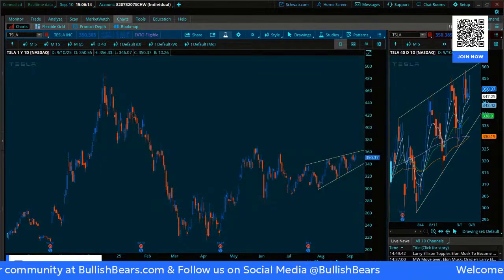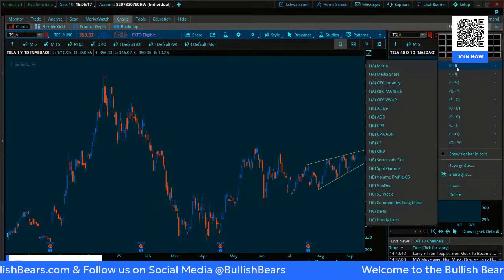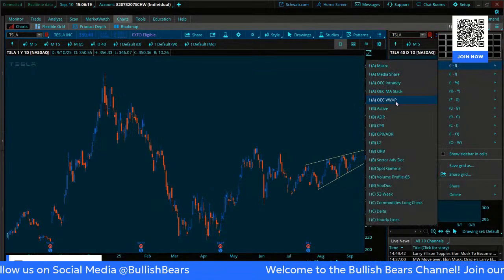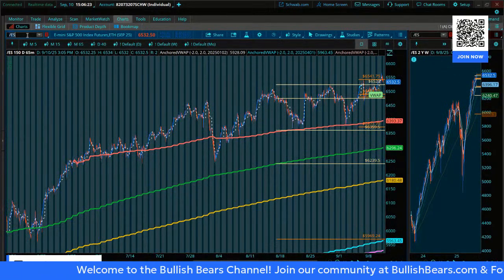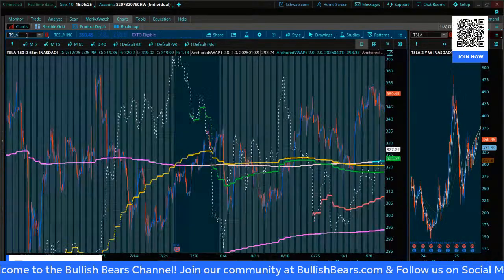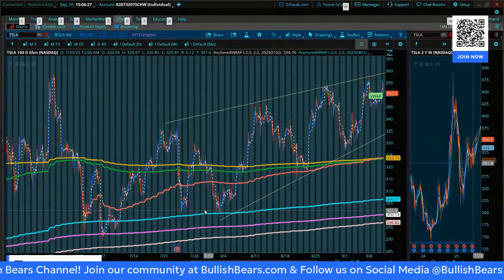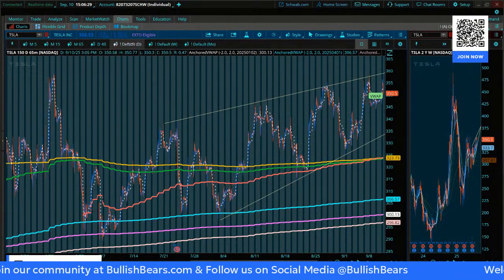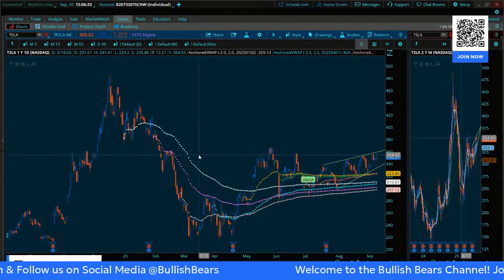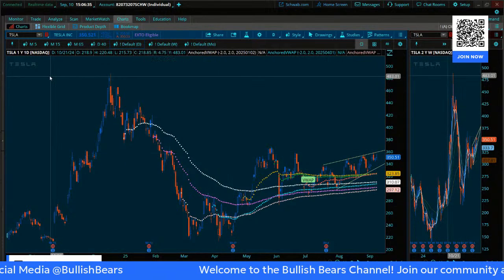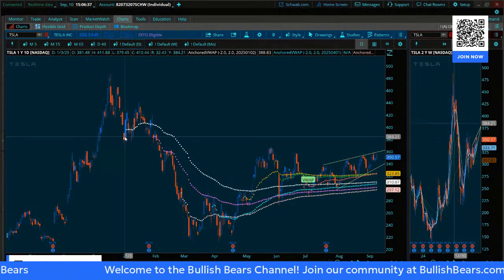I've got a VWAP chart. Why do I keep rebuilding it? All right, so what we're looking at here is monthly starts on Tesla going back to the start of the year.